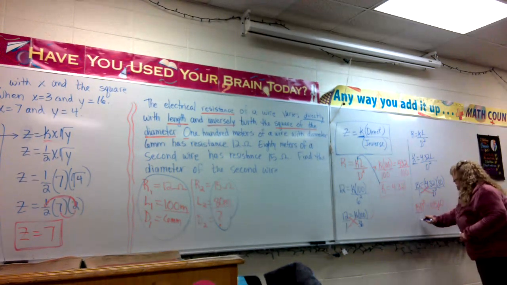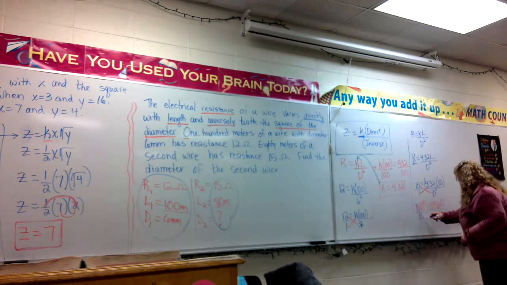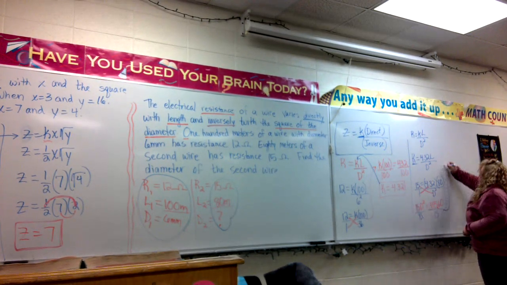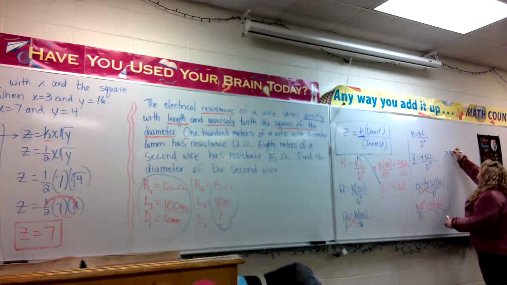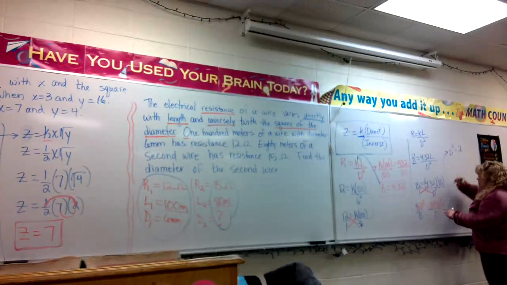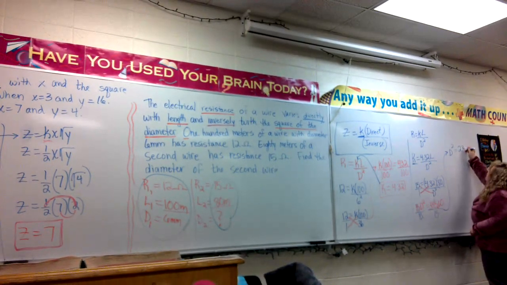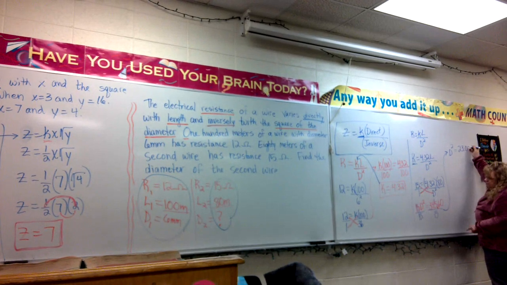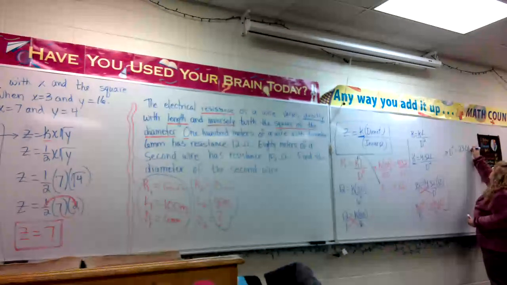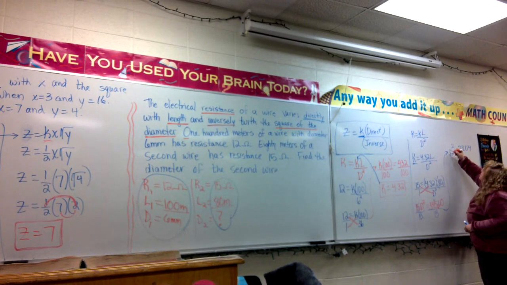So if I'm solving for D, now I have to get rid of the 15. Don't tell me. We'll see. I get D squared equals, that goes in there twice with 4 left over. That goes in there 3 times, and none goes into 64. Good? Now I have to square root it to get rid of the square.